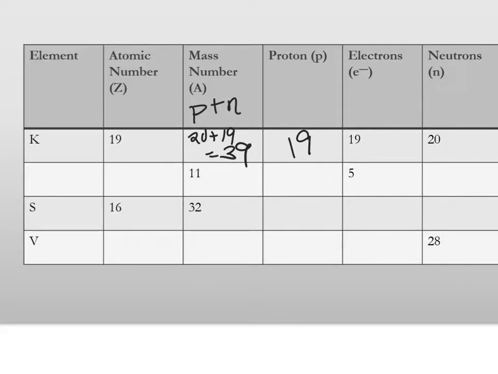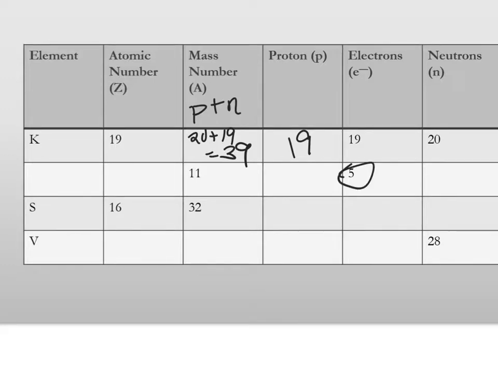In the second row, all we're given is the mass number and the number of electrons. Now, this is actually from a different class. I talked to them about how the atoms in their part are all neutral, and I don't think that this chapter has yet talked about ions, so I'll keep it the same where it's neutral. That means there has to be the same number of protons and electrons since they're neutral atoms.